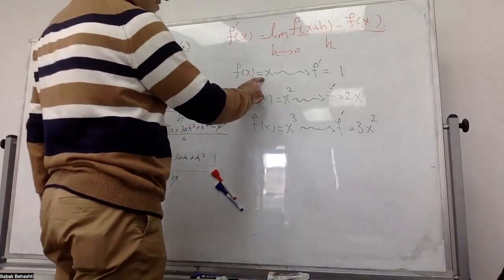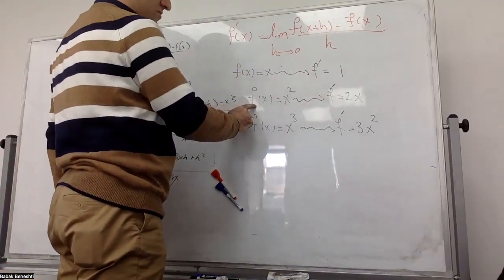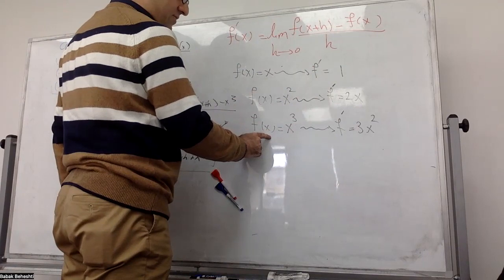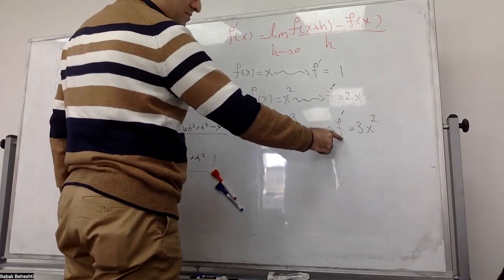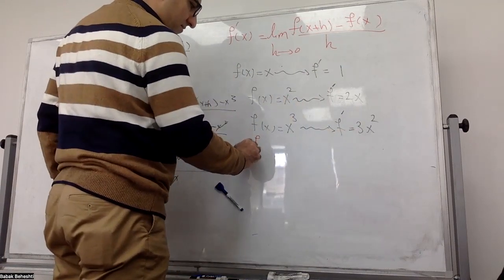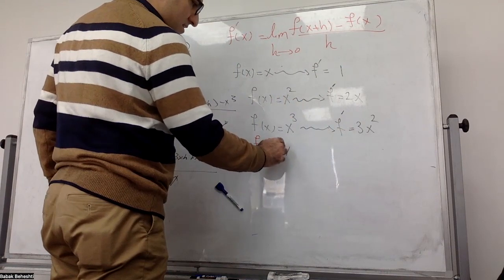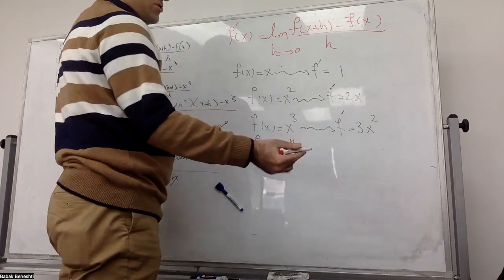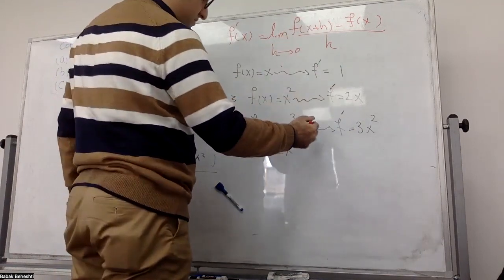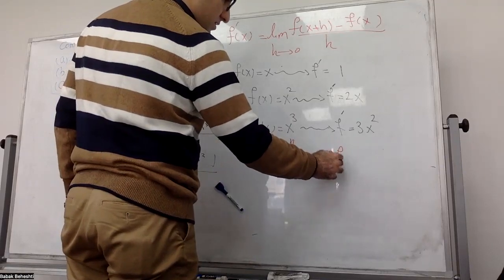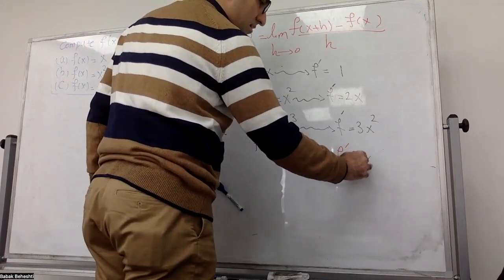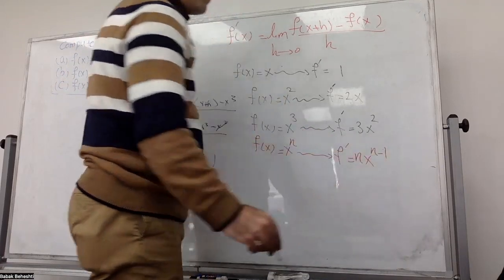Okay, so for f of x equal to x, f prime is 1. For f of x equal to x squared, f prime is 2x. For f equal to x cubed, f prime is 3x squared. So in general, if f of x is x to the power n for some integer, like 2, 3, 1, but it could be 4, 5, 10, any integer, then f prime is equal to, this is a general formula, n times x to the power n minus 1.